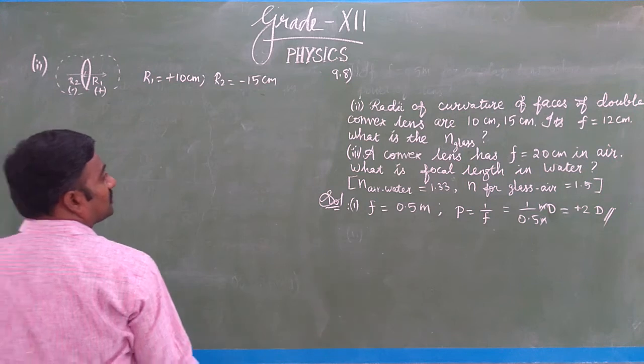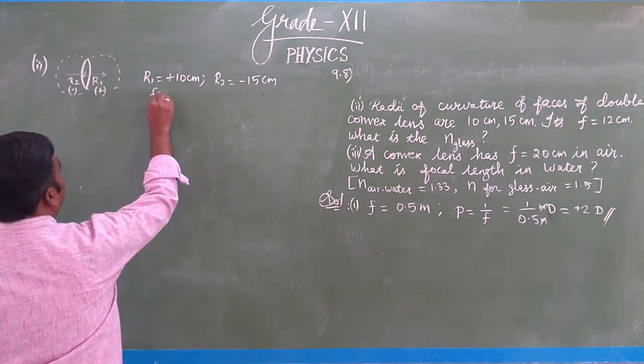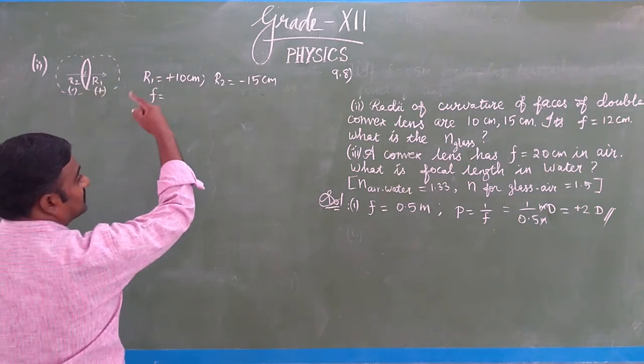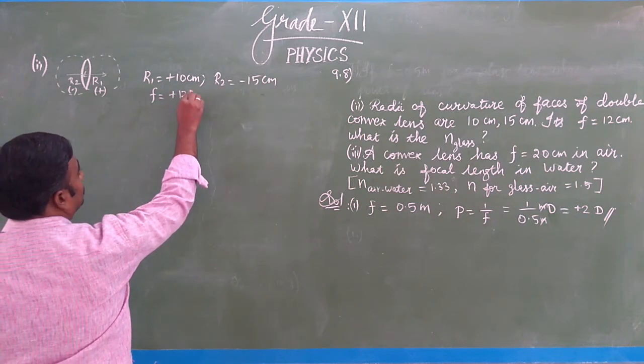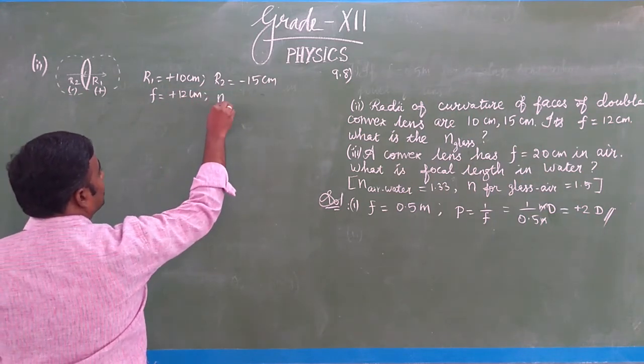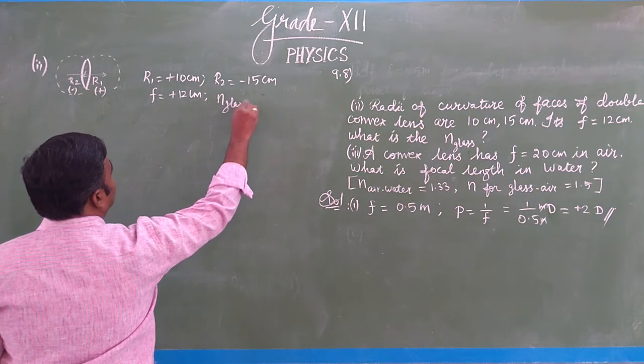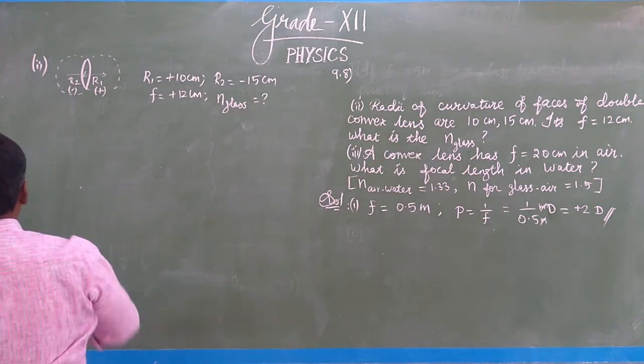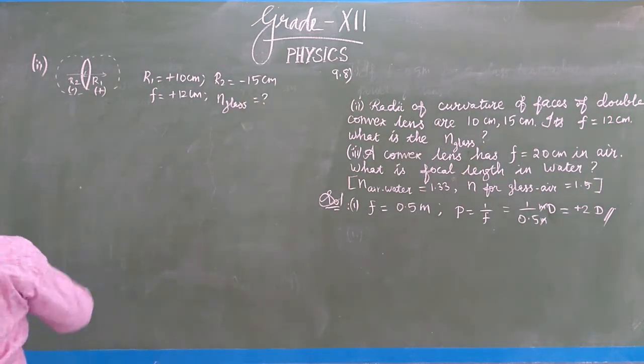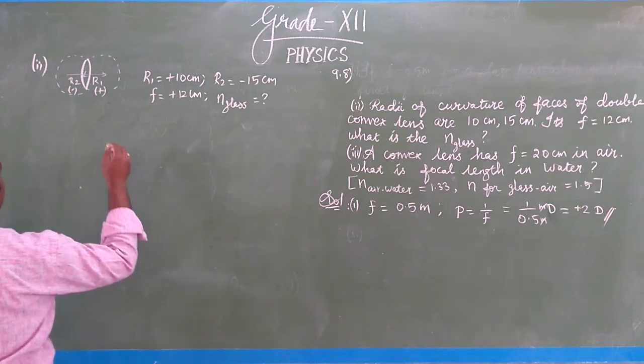Its focal length is also given. What is the focal length? The focal length of the double convex lens is always plus 12 centimeter. Then what is the refractive index of the glass? So we want to find the refractive index. Already we know the lens maker formula.